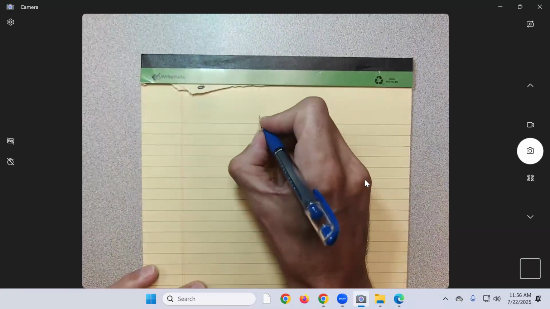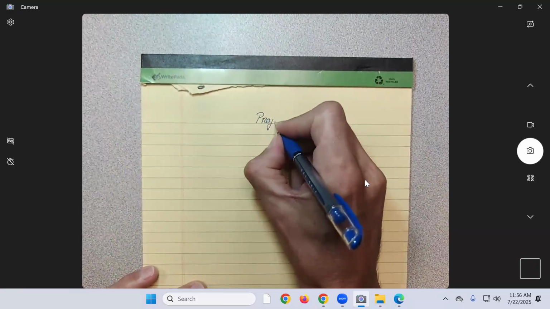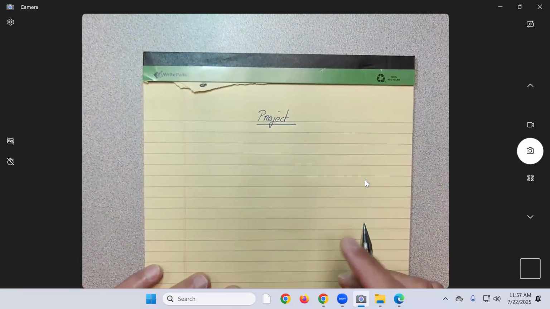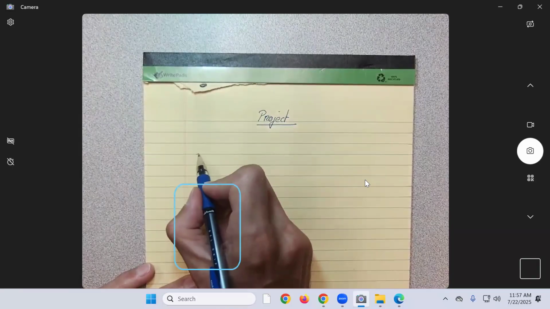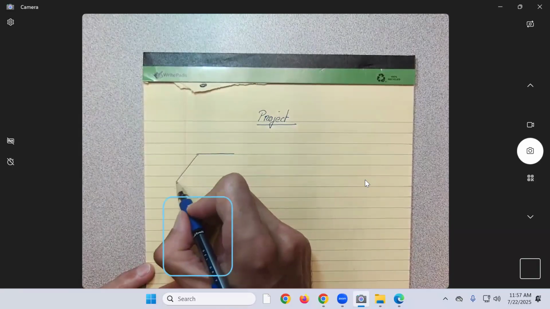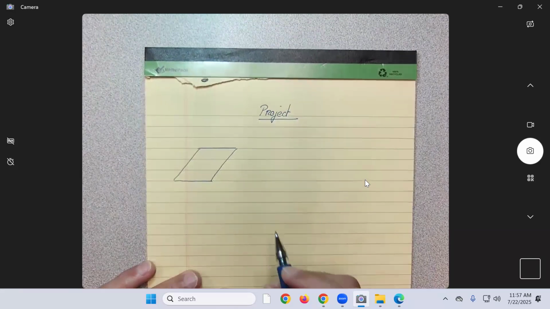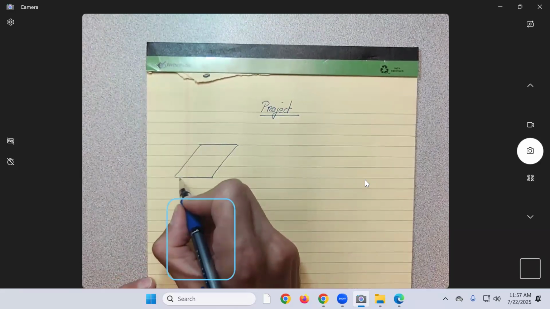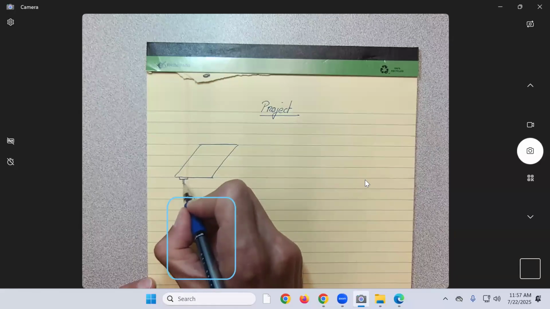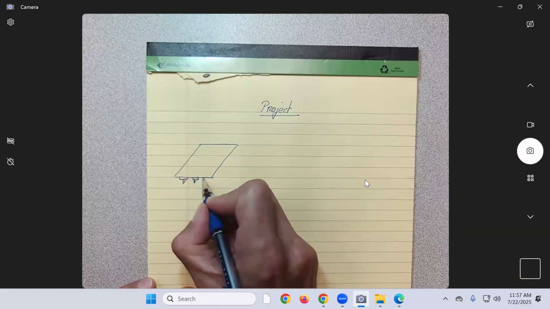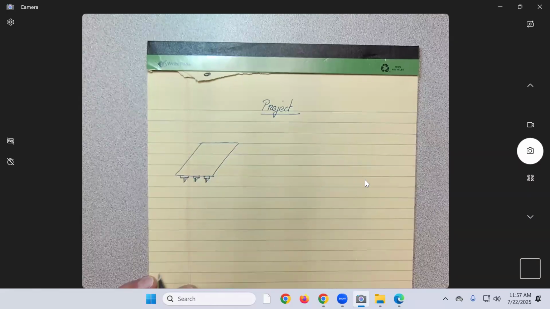All right, so the project. You have here a panel that has, I don't remember the shape, but let's say it has stiffness.